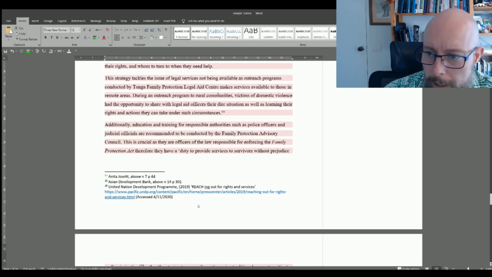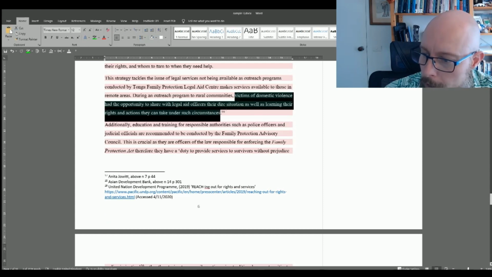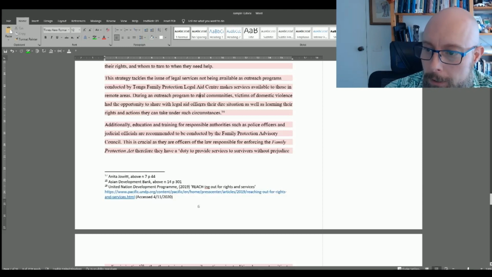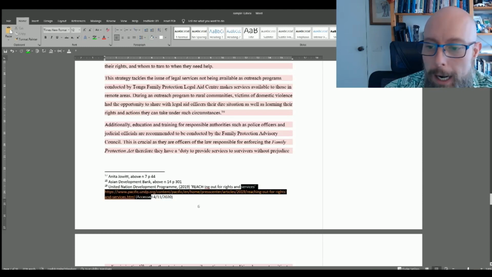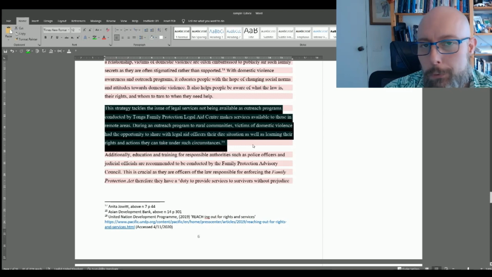I maybe want that clearer. Okay, yeah, no. So this is telling us we could go to this. Okay, this was a reference to an actual program that's currently operating, or was currently operating in Tonga, to address community legal rights and so on. So this could be built up a little bit better and framed better.